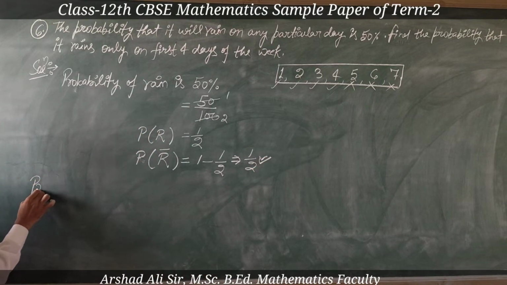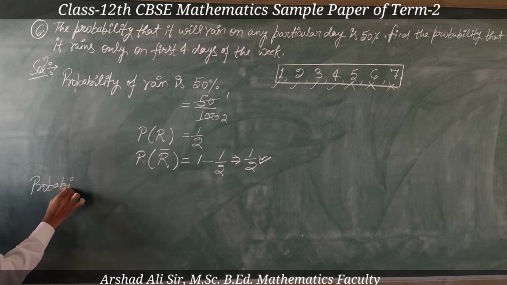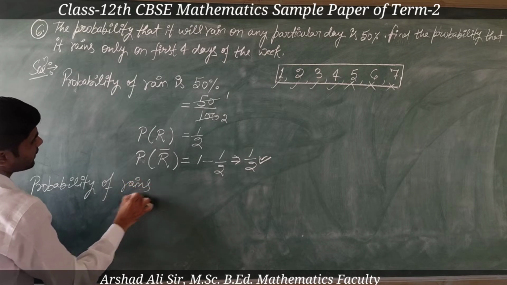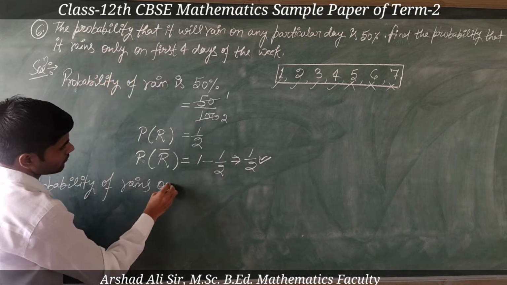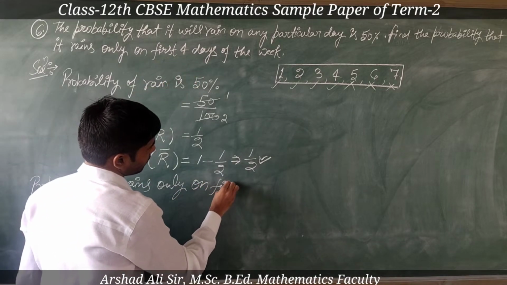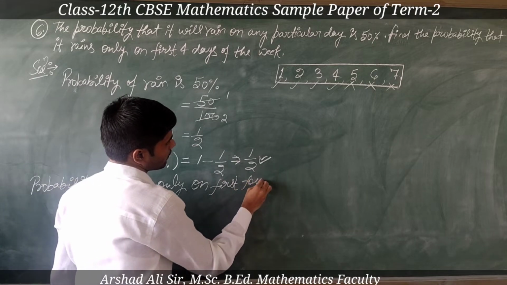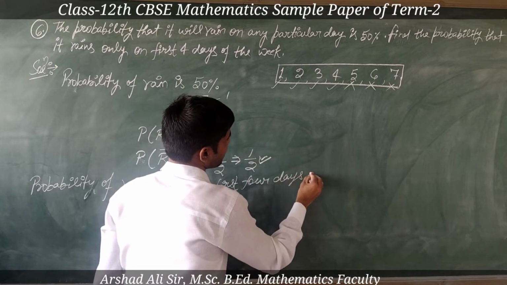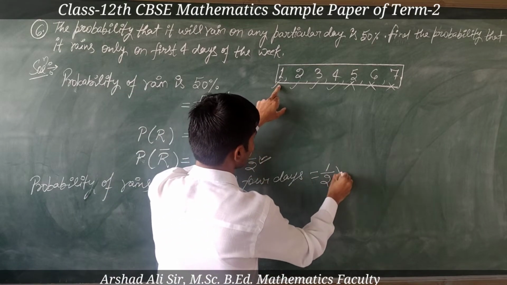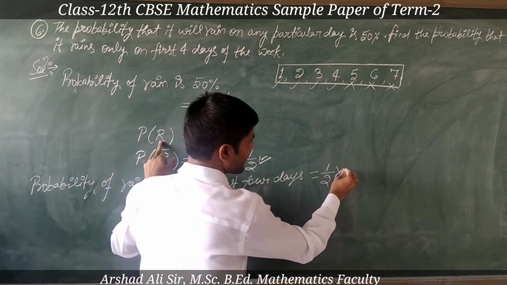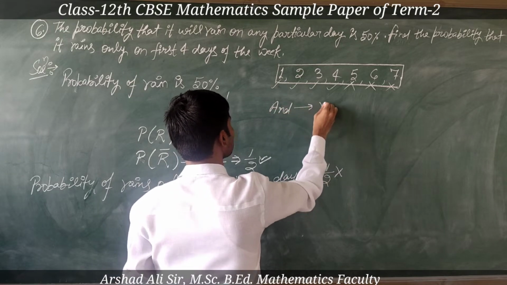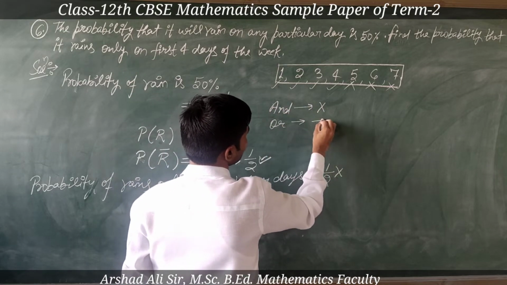Now probability of rain only on the first 4 days is equal to probability of the first day 1 by 2, that is P of R, and means multiplication. You have to remember these two things: and means multiplication and or means addition.